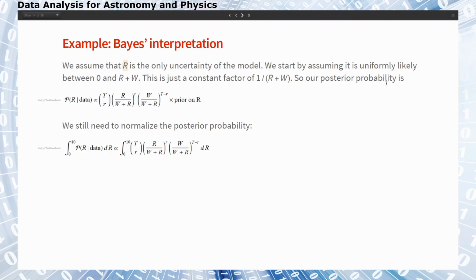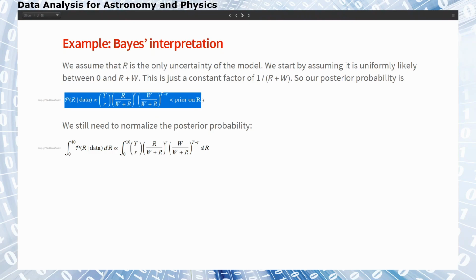From this we can write down the posterior probability, which is proportional to the likelihood times our prior, which is this. This product is not yet a probability, because for a probability we need to make sure that it is normalized to 1.